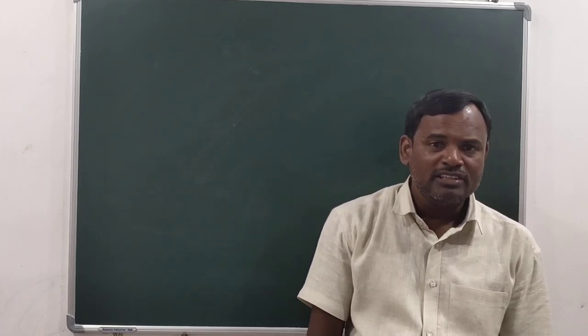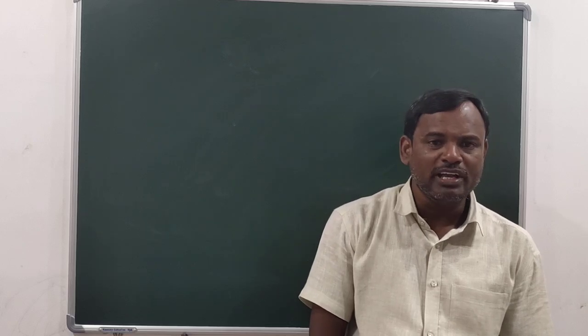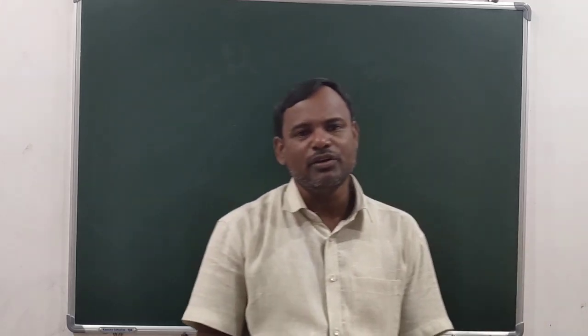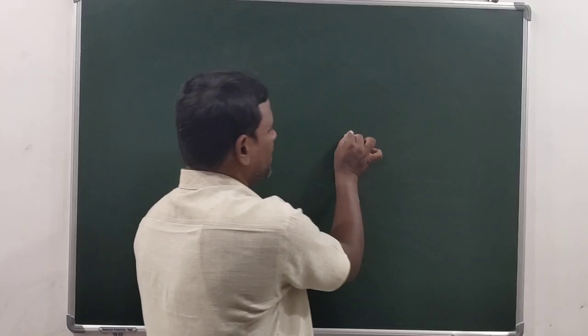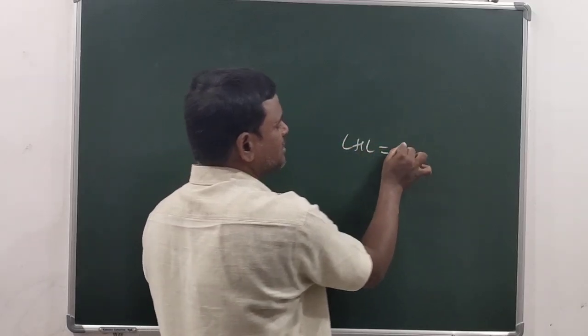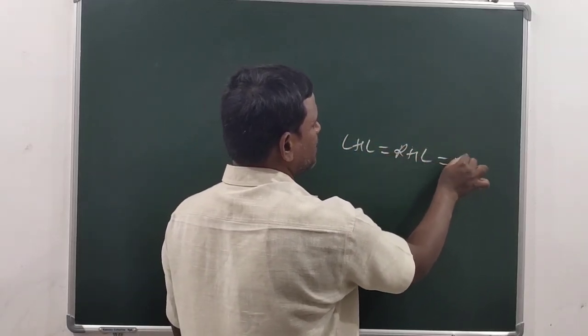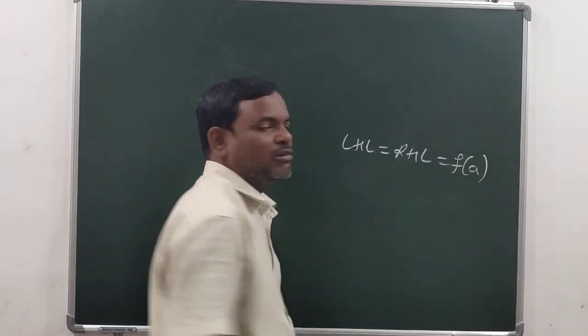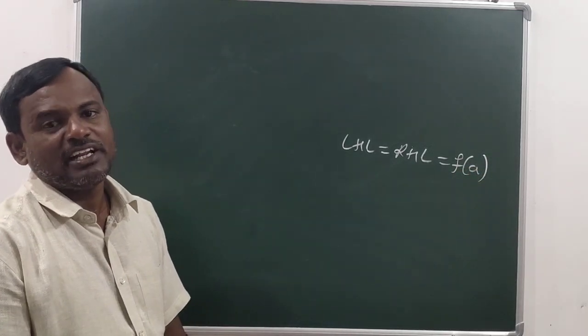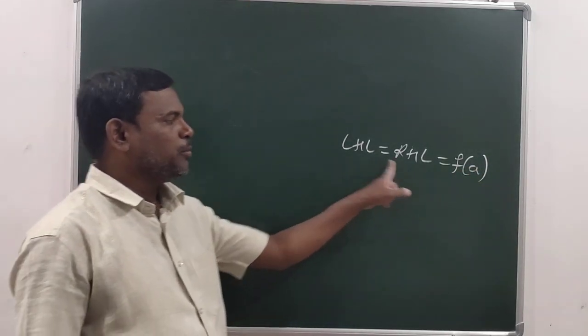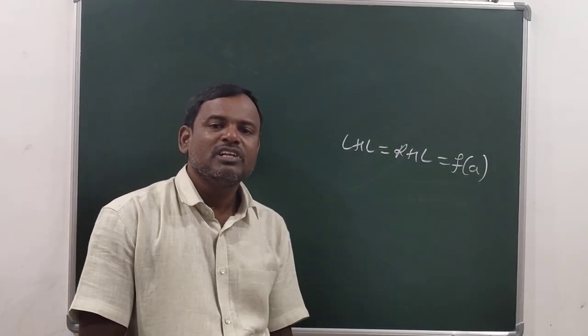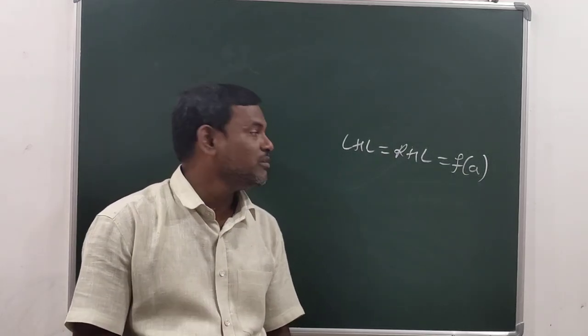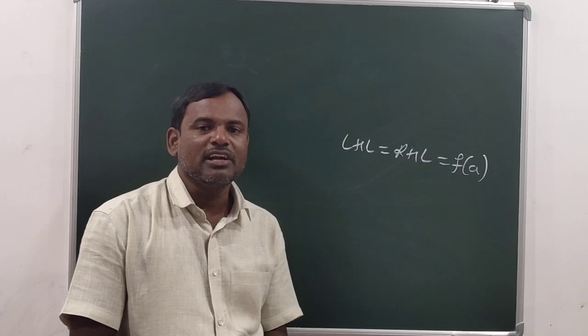When you have to say that function is continuous at x equal to a, you know how to check whether it is continuous or not. Left hand limit of a function is equal to right hand limit of a function, and both must be equal to the value of the function at x equal to a. Then you have to say that function is continuous. Already you learnt this in the continuity chapter.